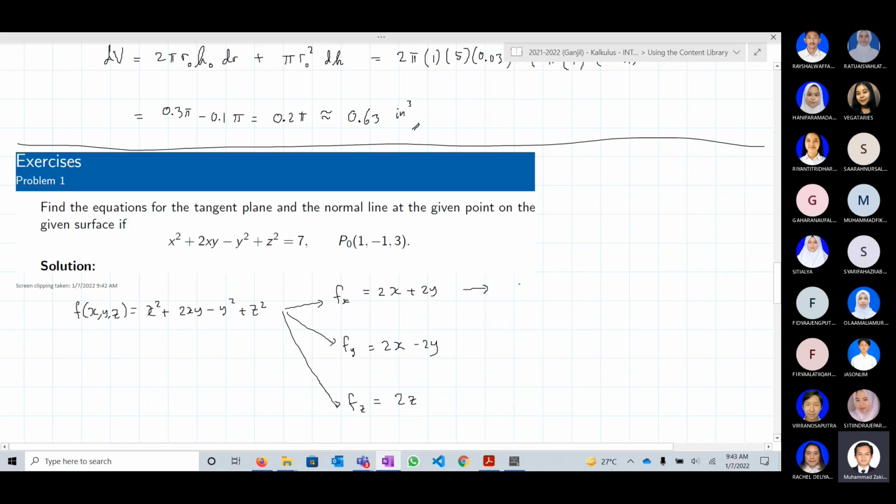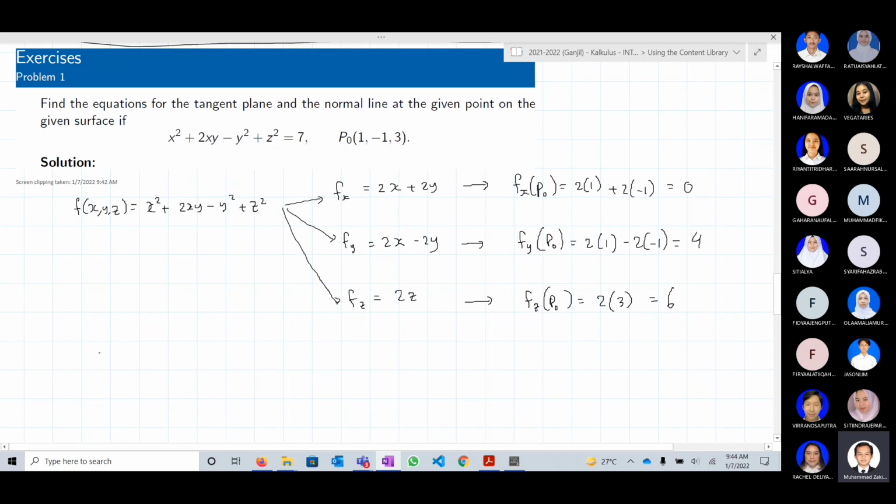So fx at p0 is 2 times 1 plus 2 times minus 1, which is 0. The derivative with respect to y at p0 is 2 times 1 minus 2 times minus 1, which is equal to 4. And the derivative with respect to z at p0 is 2 times 3, which is 6.